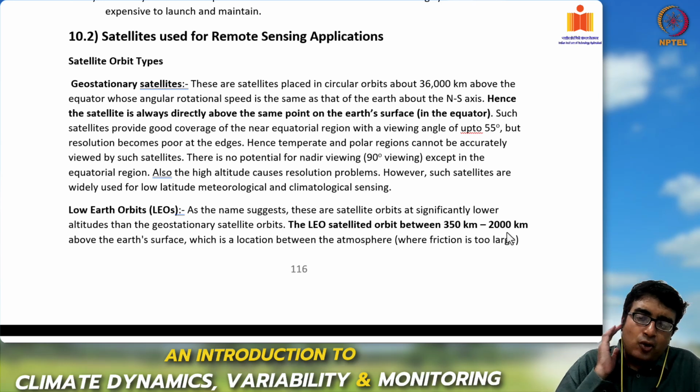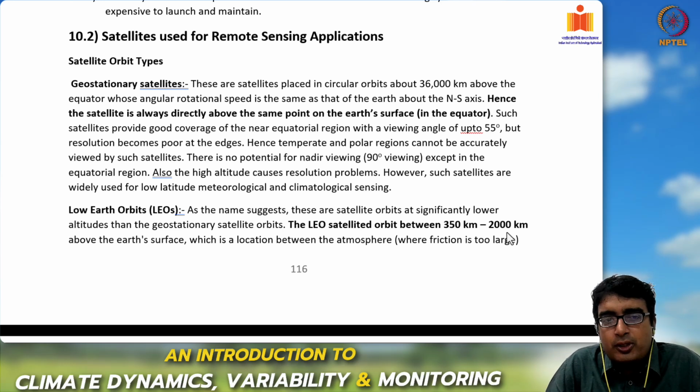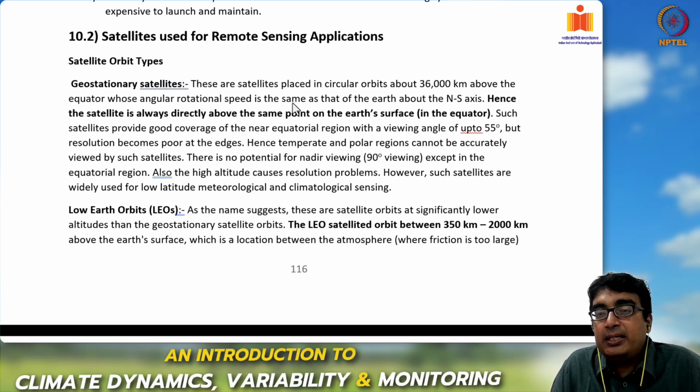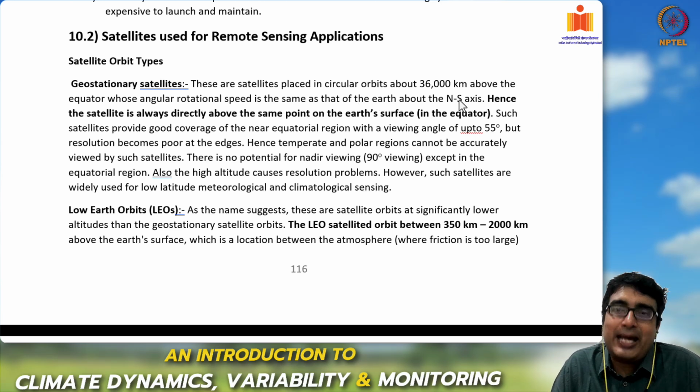Now the satellite orbit types that are used can be classified into two major classes: the geostationary satellites and low Earth orbit satellites, or LEO satellites. Geostationary satellites are placed in circular orbits about 36,000 kilometers above the equator, where the angular rotational speed is the same as that of the Earth about its north-south axis.